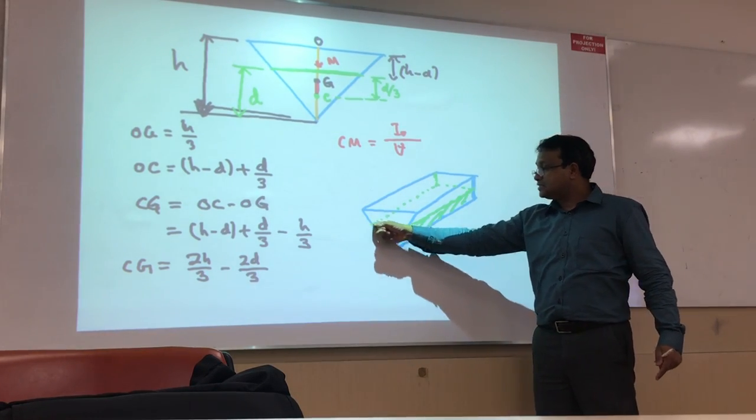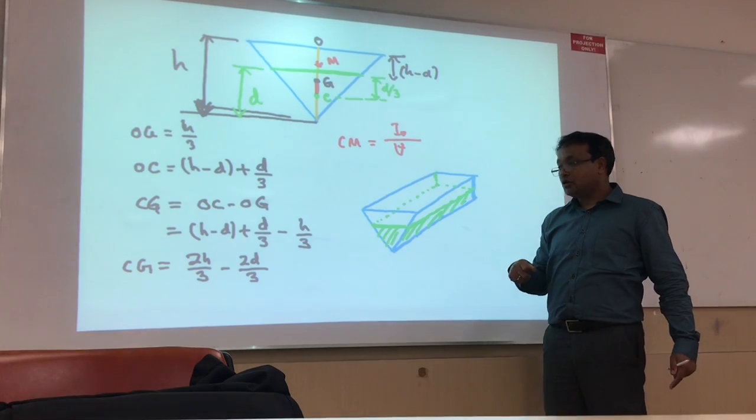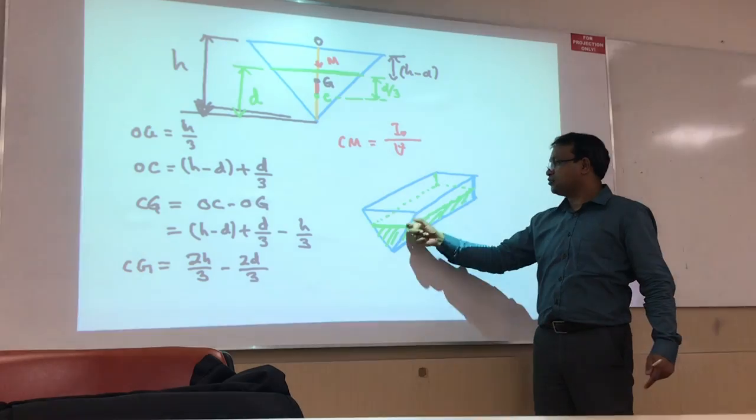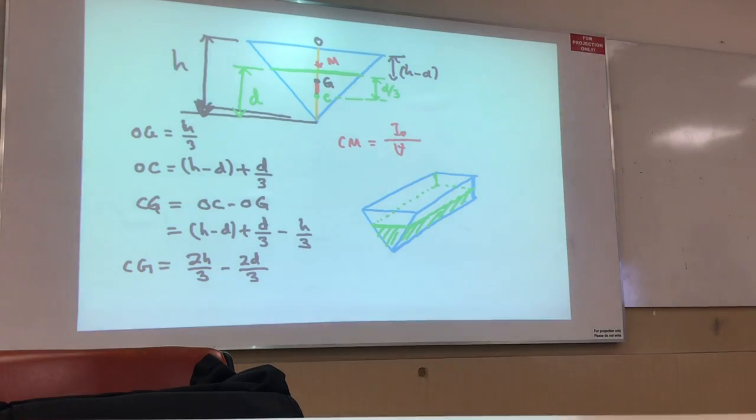So I say from here to here is A, and from here to here is B. Anyone you can write. I assume this distance is A. But in our question, I say this is 2W.